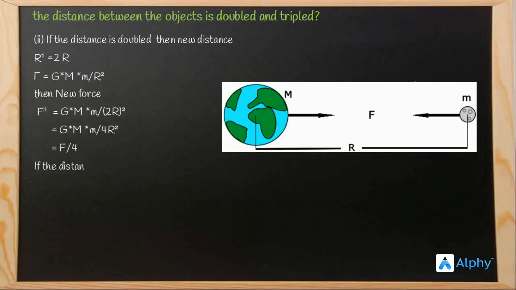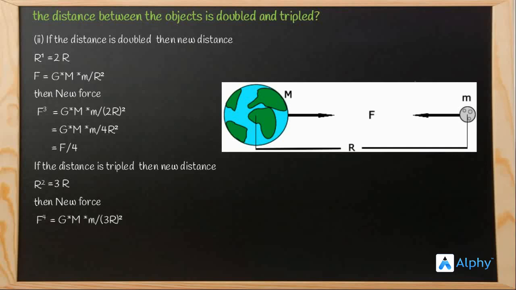If the distance is tripled, then the new distance, let us consider it as R2, is 3 into R. So the new force, let us consider it as F4, becomes capital G into capital M into small m by 3R whole square.